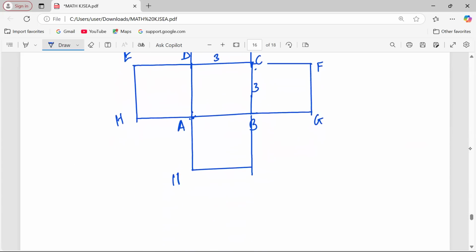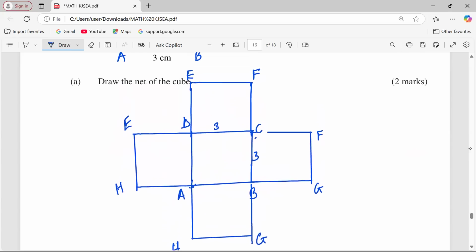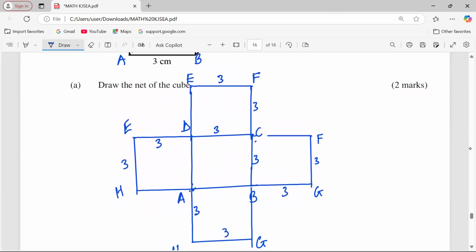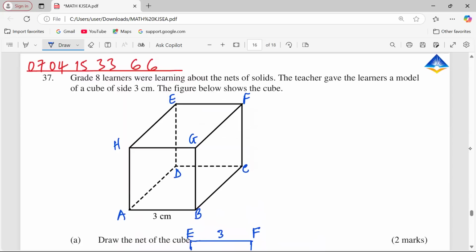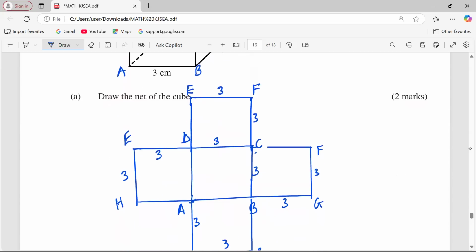So HG. Now in this net, whereby every face is 3 centimeters by 3 centimeters, when we close all the faces, you discover that the top is going to be open. But for this solid, we have to have all the faces there. Therefore, we have to add another.